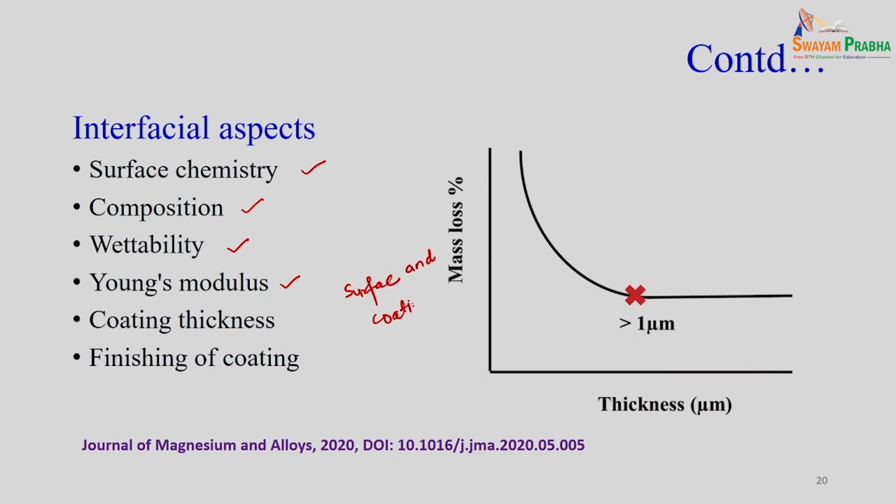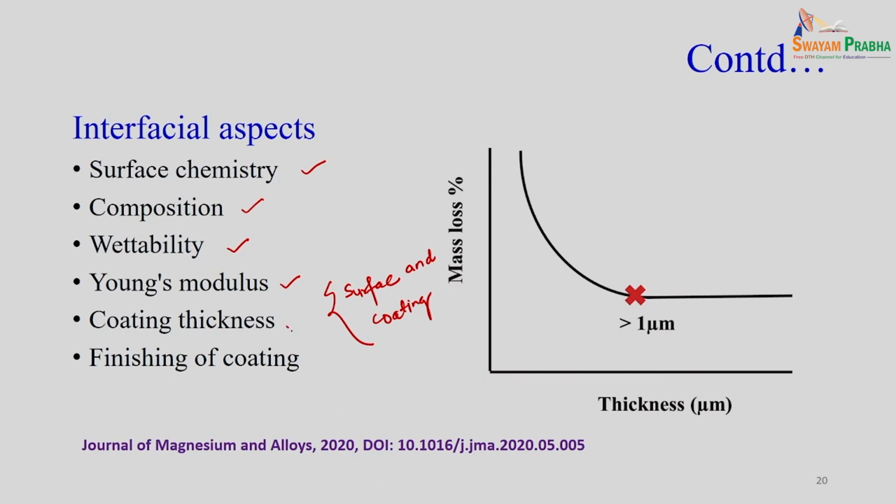Whatever we are coating, if there is a difference, we do not get the desired adhesion of the surface and coating. In that case also it may affect the corrosion behavior. So, whenever we are going for the coating, the coating material and surface should have similar mechanical properties.